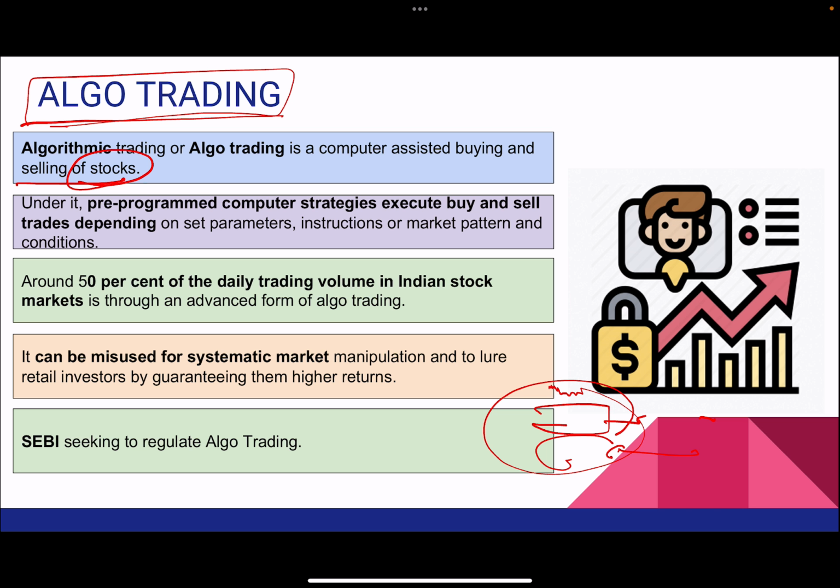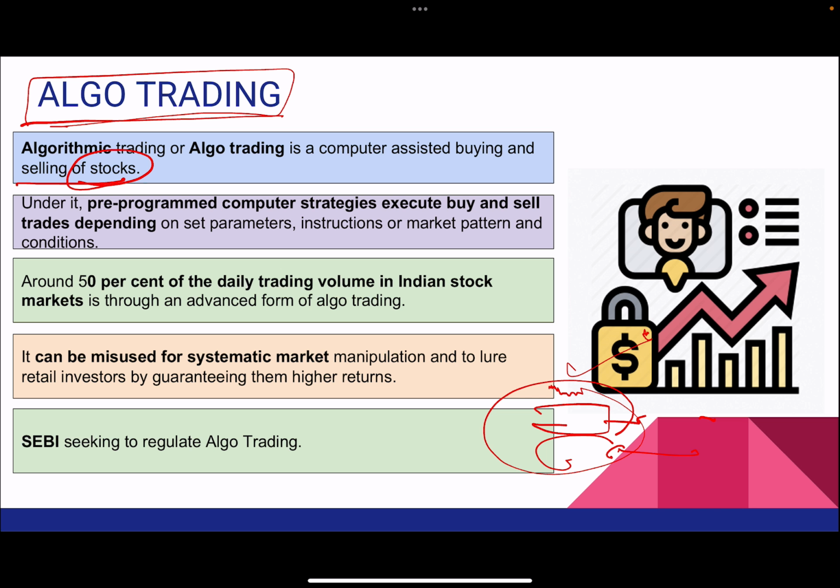If humans are involved in this entire process without the use of any algorithm, then the same thing will take a lot of time. But if it is automated with the help of an algorithm which is already fed into the system, and the system knows that if the company performs based on such parameters and satisfies certain thresholds, then this much amount of stock should be sold automatically and this much amount of stock should be bought.